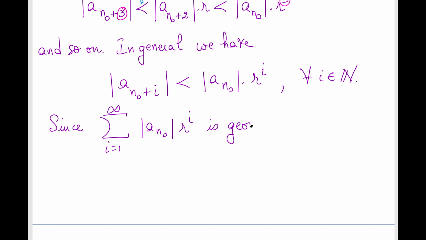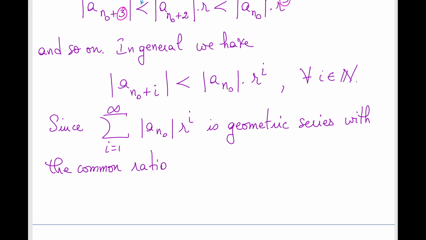So since this is a geometric series with the common ratio being smaller than 1, remember, as long as the common ratio in absolute value is smaller than 1, then the geometric series is a convergent one. Well, here certainly R in absolute value is less than 1, because in this case R is positive, so the absolute value of R is R itself.